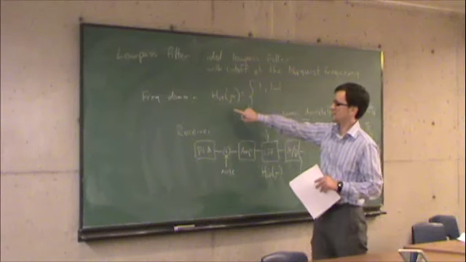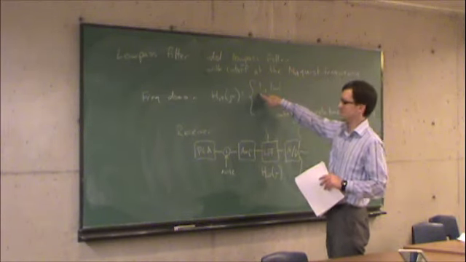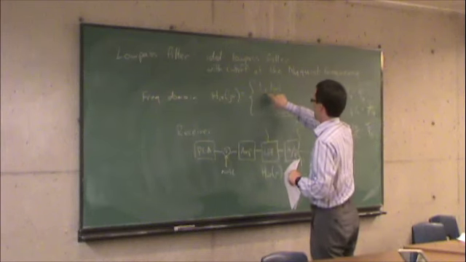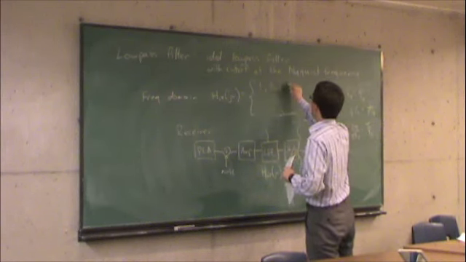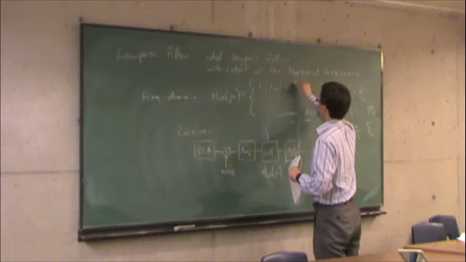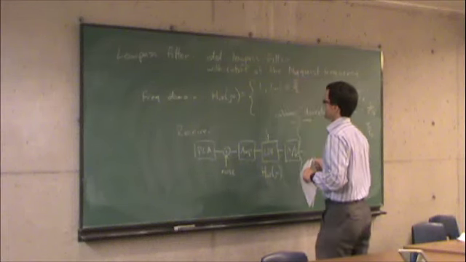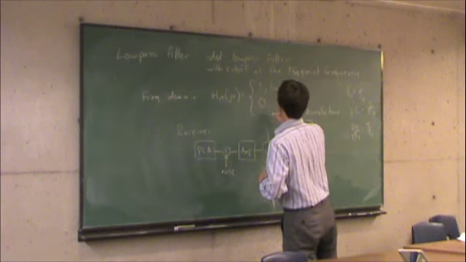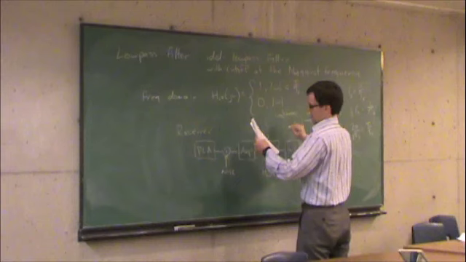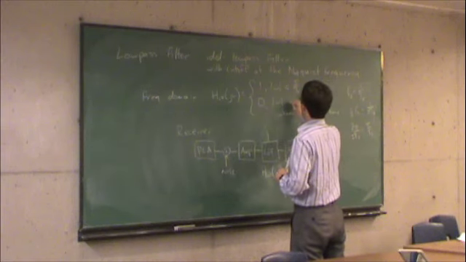So this low pass filter ideally passes every frequency less than pi over Ts, and rejects everything larger.